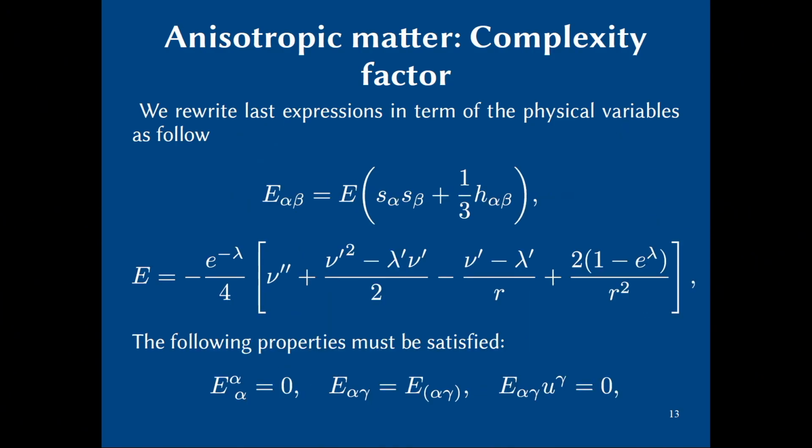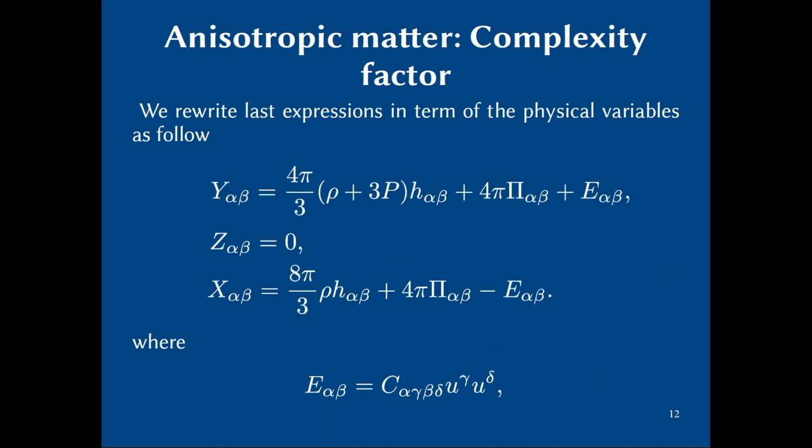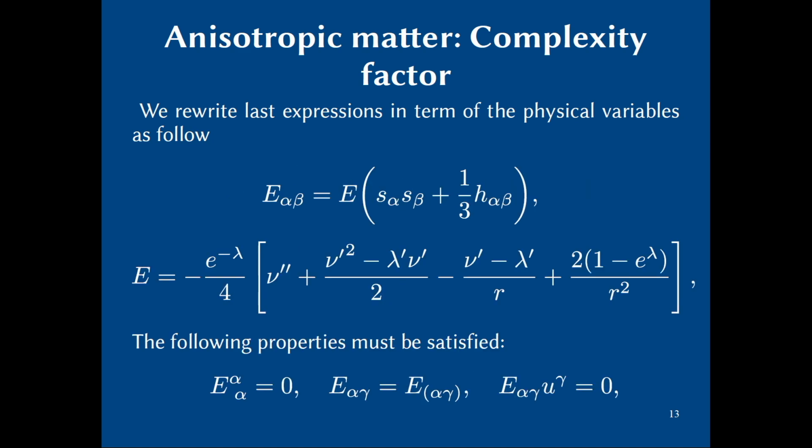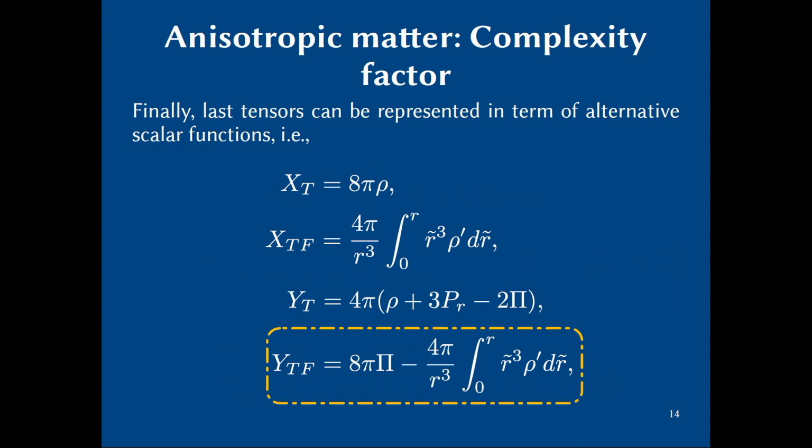And after that, you can go ahead and recognize that you have just the metric potential here, the radial and tangential pressure, okay? And after that, you can identify these scalars, and this scalar, which is called the complexity factor scalar, basically encodes some possible anisotropy that you ignore in the standard case.